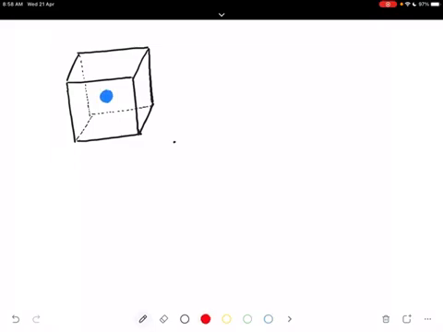And upper two diagonally opposite corners. This is one ball. This is another ball.